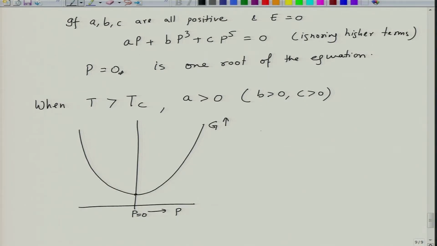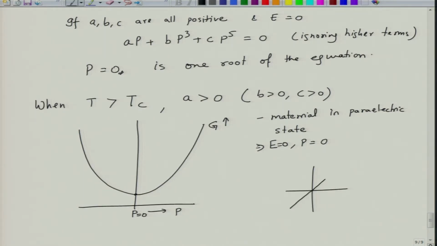So, basically for this condition we represent the material as being in the paraelectric state, and what it means is that when E is equal to 0, P is also equal to 0, and that is what it means for a paraelectric state.